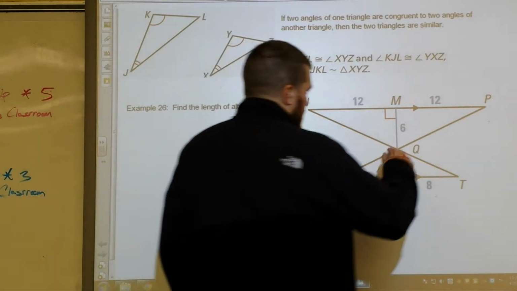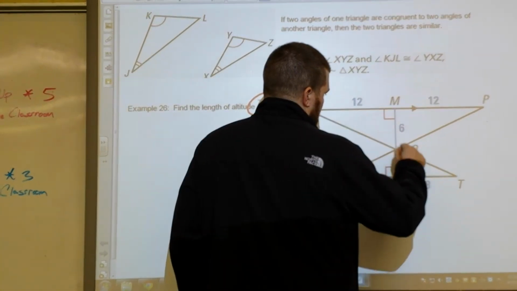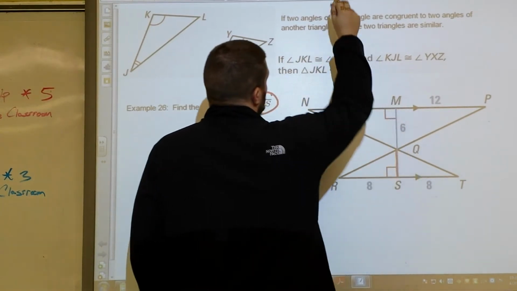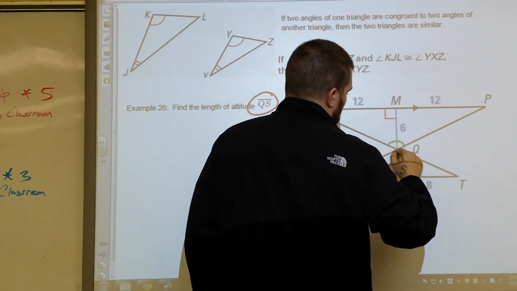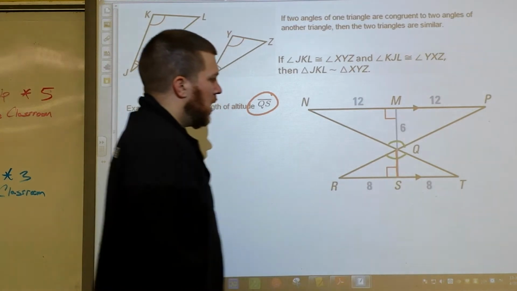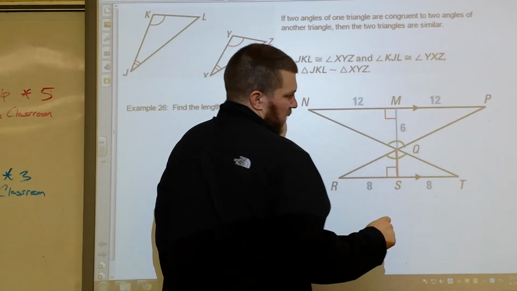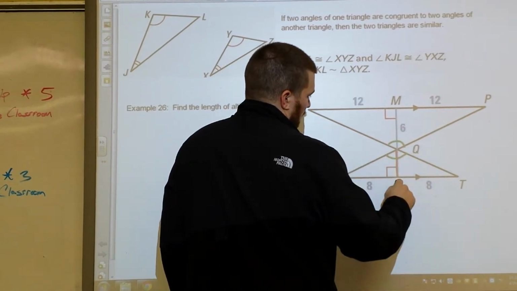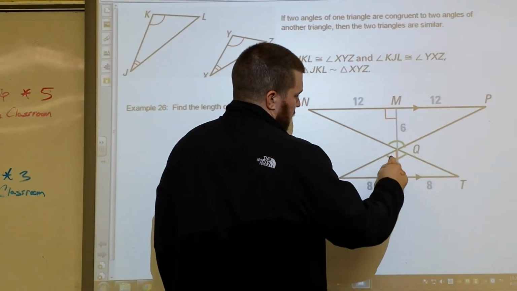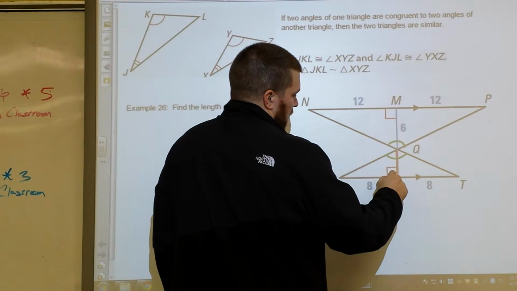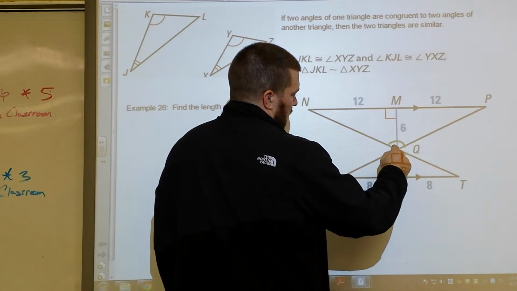I know that vertical angles are congruent. So these two angles are congruent, which means that since the altitude is cutting these angles into pieces, I have an angle and an angle.